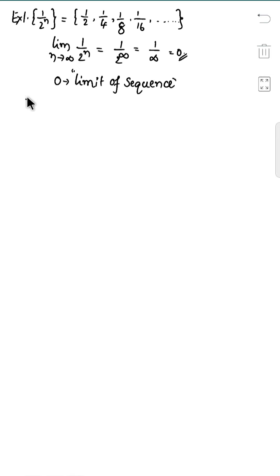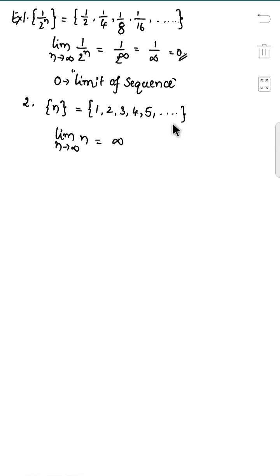Let's see another example. The general term of the sequence is given as n. So this sequence is, when n is 1, it is 1, 2, 3, 4, 5, and so on, right? Try to find what the sequence is approaching. When the limit n tends to infinity, n is nothing but infinity.